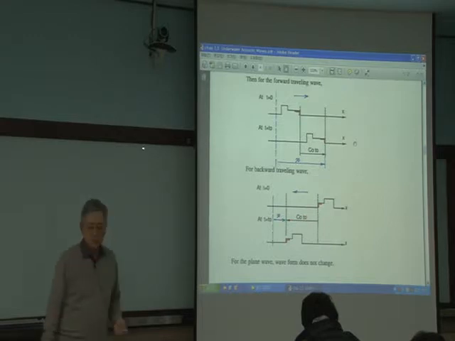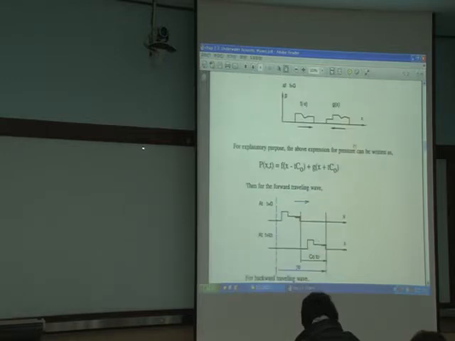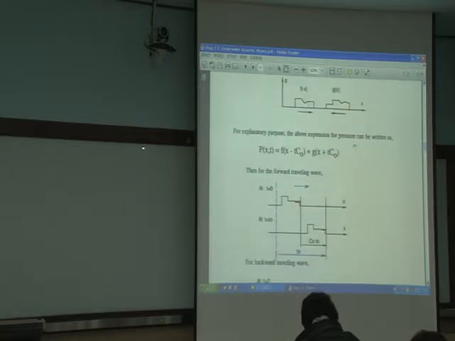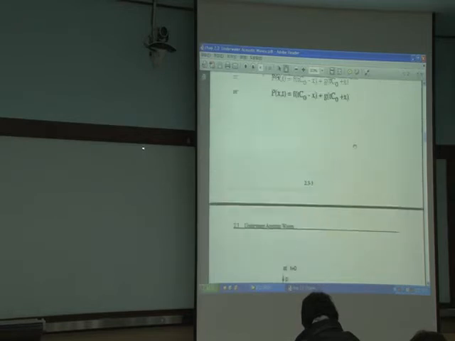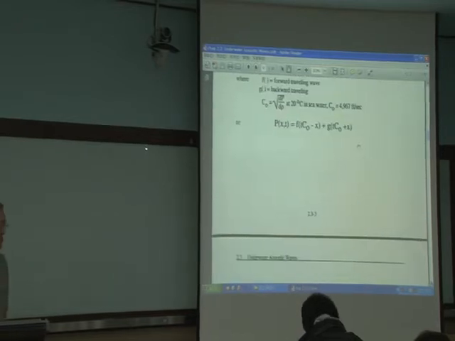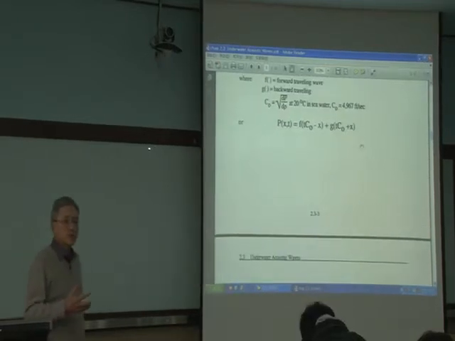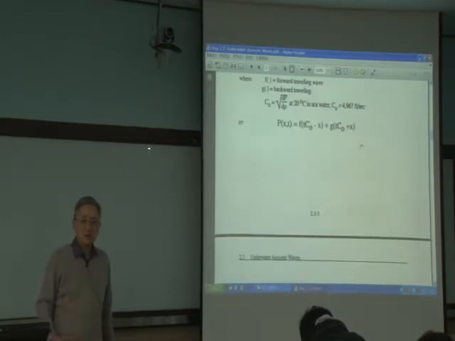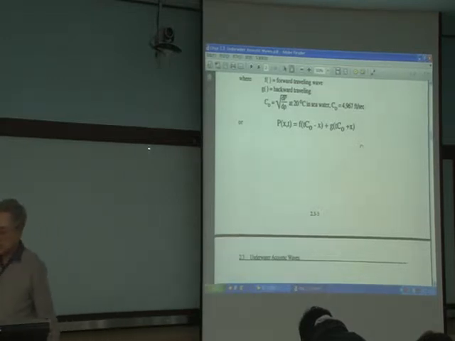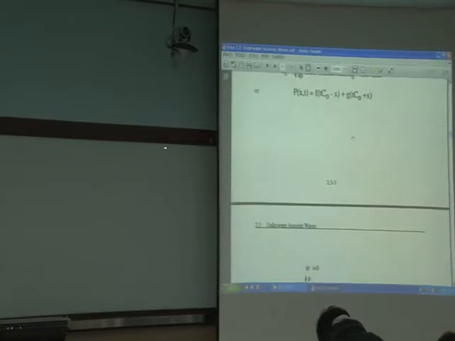That's the backward traveling wave, okay? So then a general solution contains both a forward and a backward traveling wave.